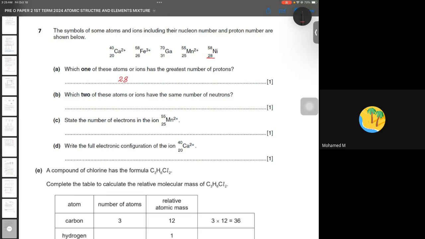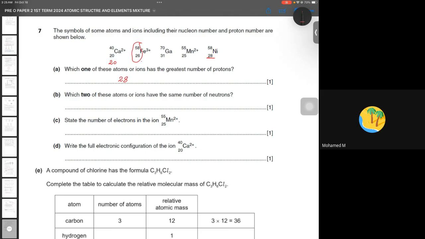This is 40 minus 20, 20. This is 58 minus 26, which would be 32.